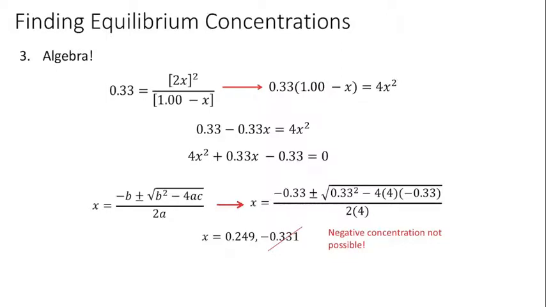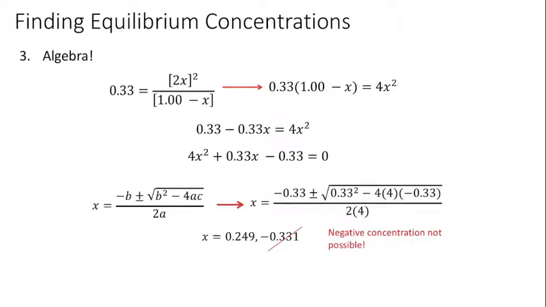Those of you who have taken a bit of algebra might recognize this as an equation that could turn into a quadratic. If we add 0.33x to the right and the left side, and we subtract 0.33 from the left and the right, we get 4x squared plus 0.33x minus 0.33 equals 0.